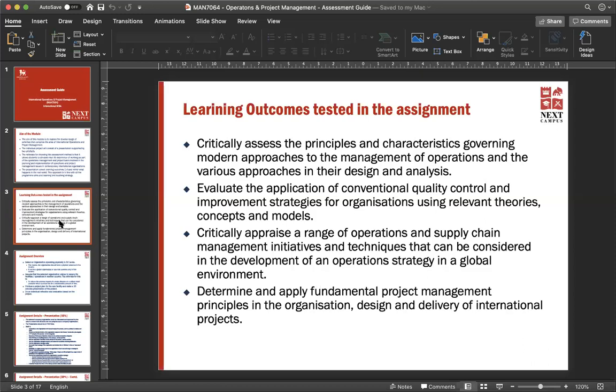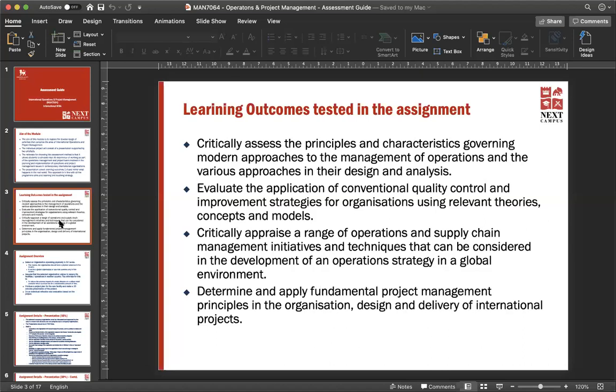Operationalizing the business strategy means the detailed activities that the organization would do to achieve that goal. Detailed activities would encompass things like, how do you manage your demand? What IT systems will you be using?